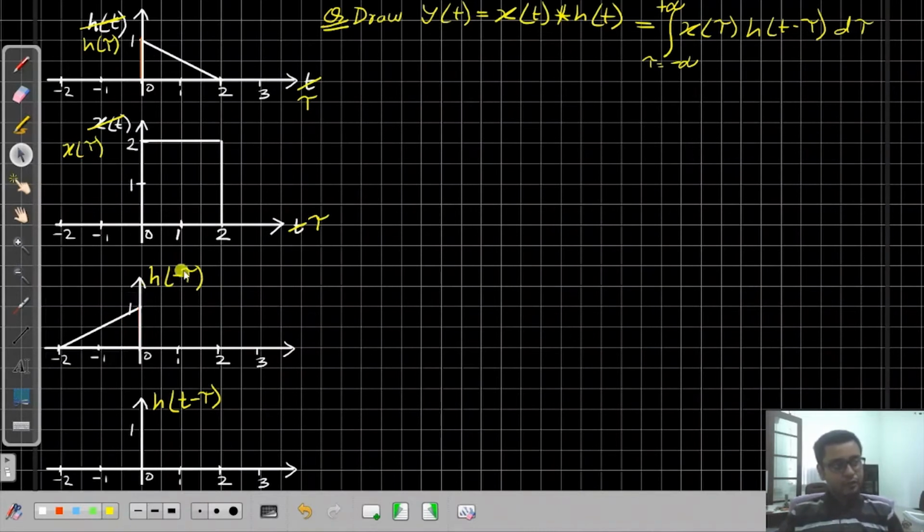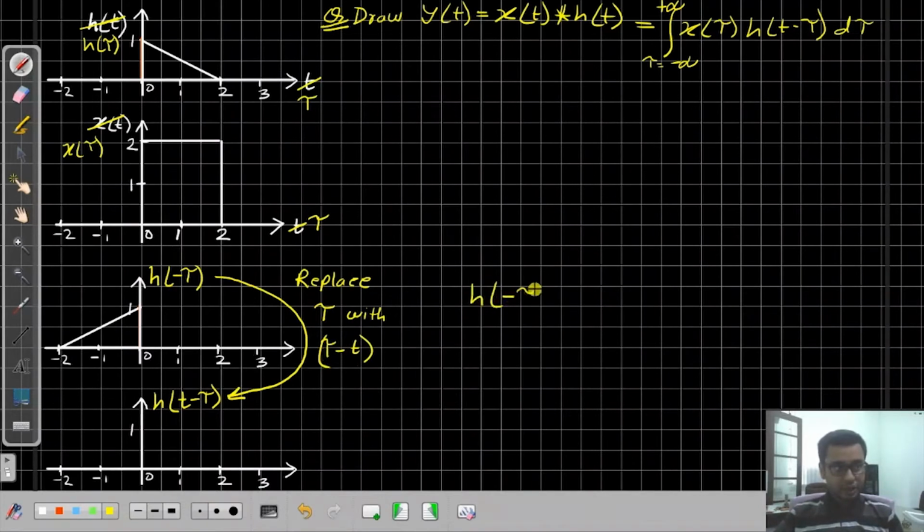Note that to come from here to here, we have to replace tau with tau minus t, because in this expression h of minus tau, if you put h of minus of tau minus t, then this is equivalent to h of t minus tau.